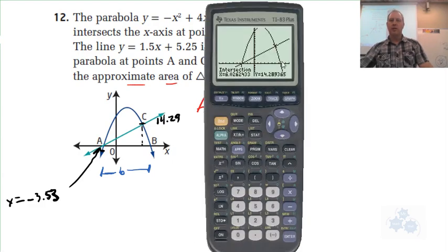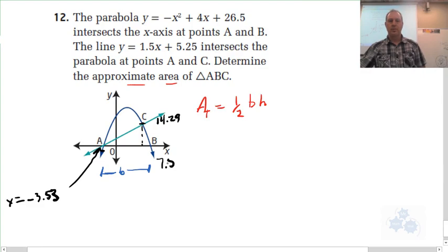And then the intersection point over here, that's going to be the intercept. So let's find the 0. 2 finds the 0. Left bound, yes. Right bound, yes. Enter. So you might remember doing this, finding the intercepts. And that 0 is 7.52. 7.52.